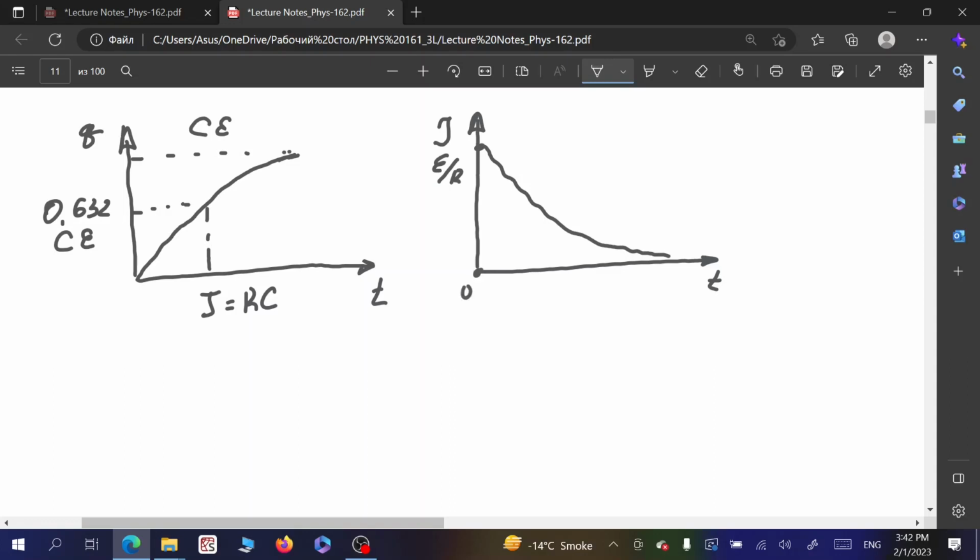So here is our zero. And at some time interval tau, which is equal to R times C, we will get remaining only about 37%, 0.368, of the initial maximum current, which is epsilon over R.